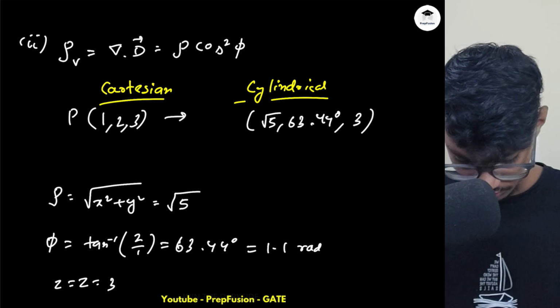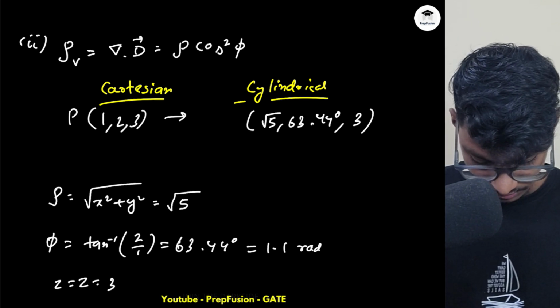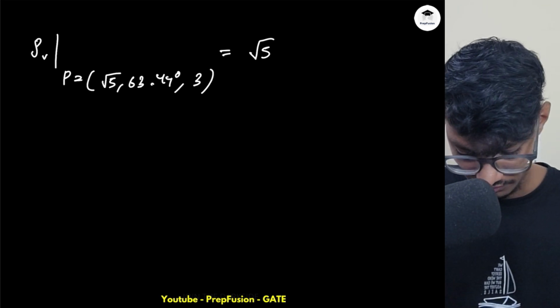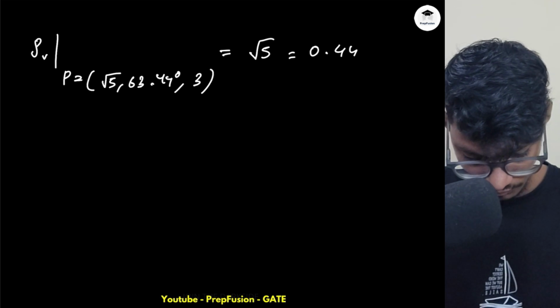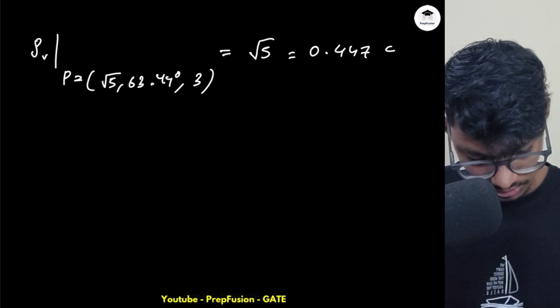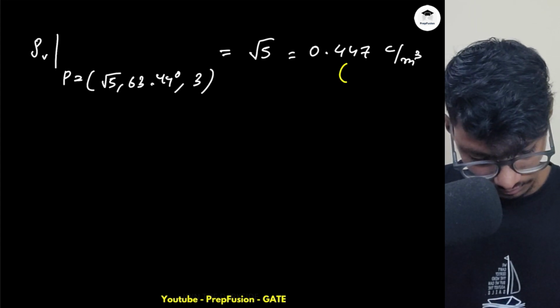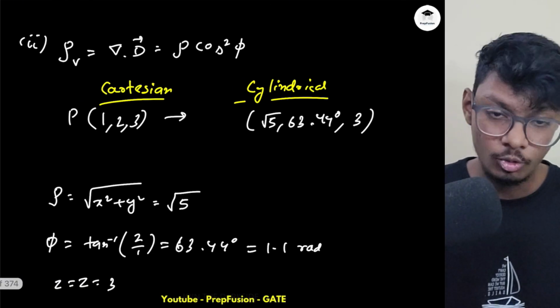So if I take the cos of this and square it, times root 5, it will give me almost 0.447 coulombs per meter cube. So this will be the answer. It doesn't matter what z is because it is independent of z. Okay, I hope you understood this question.